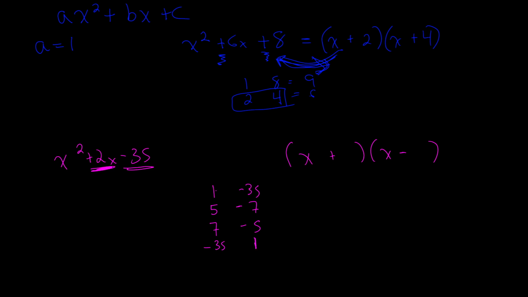Well, 1 plus negative 35 is negative 34. 5 plus negative 7 is negative 2. 7 plus negative 5 is 2. And negative 35 plus 1 is negative 34. And so this one adds up to the middle term, including the sign. And so my negative is 5, and my positive is 7. And so that's the factorization for this trinomial.